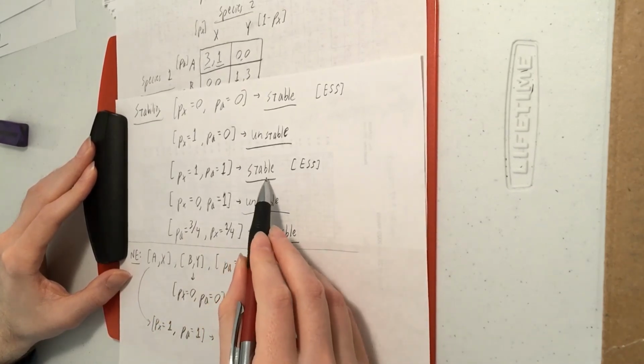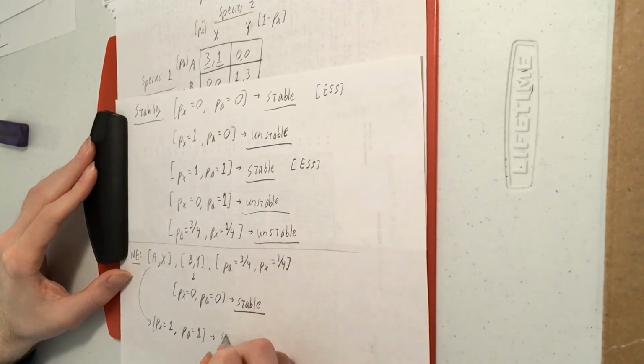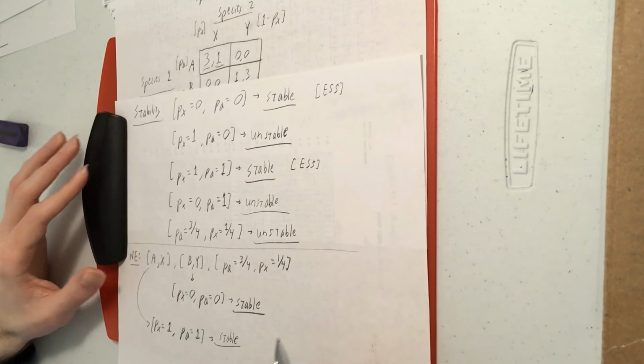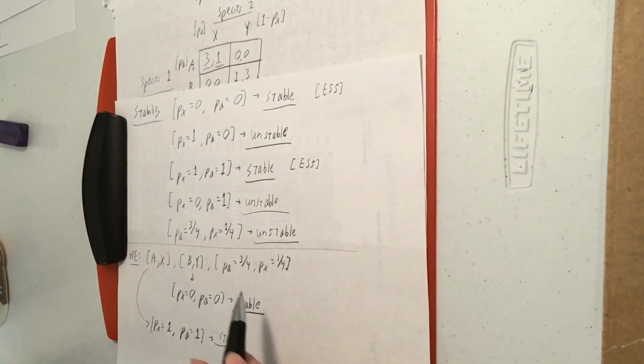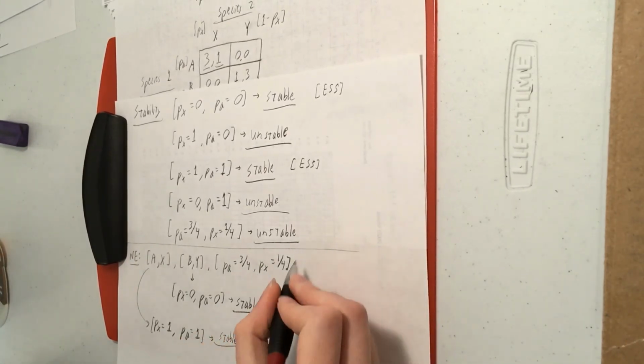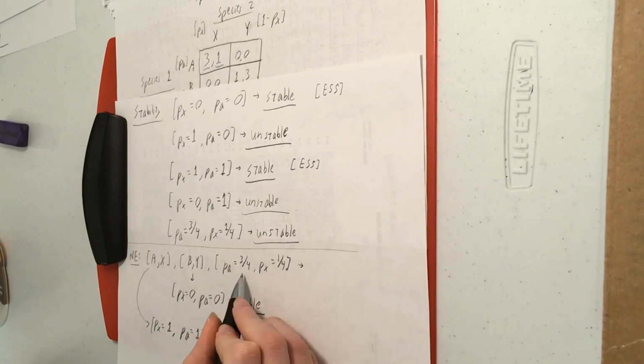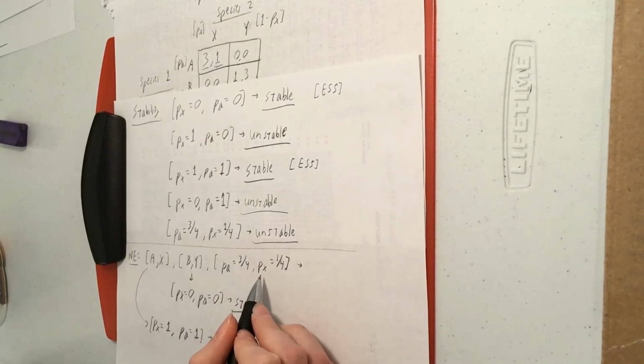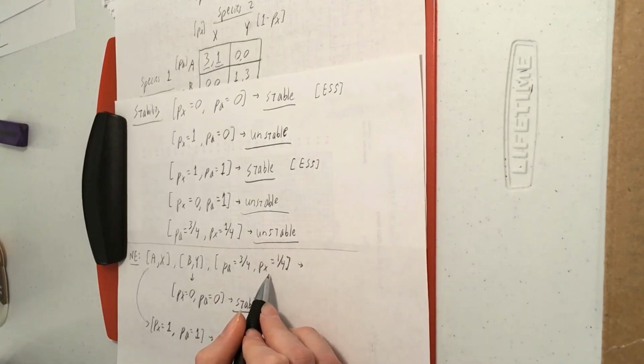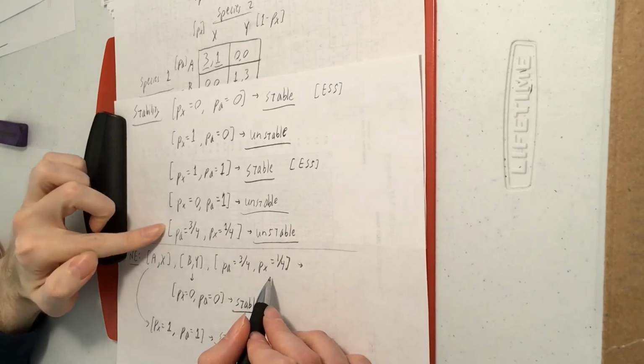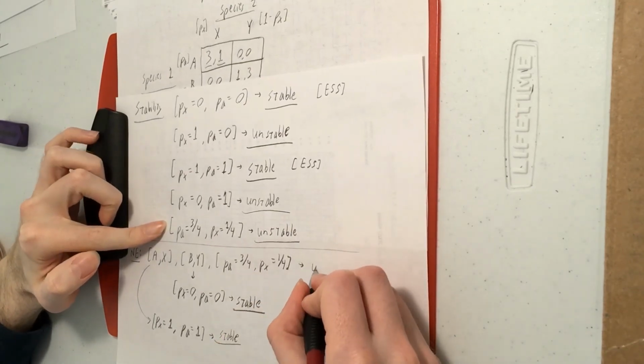And we said that one was also stable. Lastly, we have this mixed equilibrium over here, where you play A 3/4 of the time, and X gets played 1/4 of the time. So we said that one was unstable.